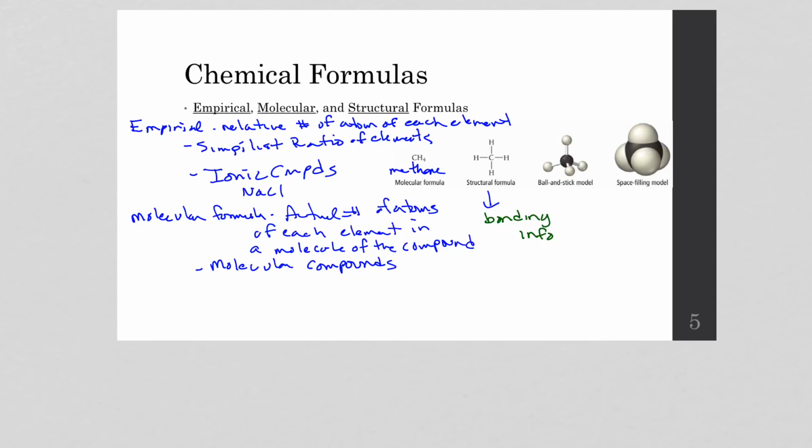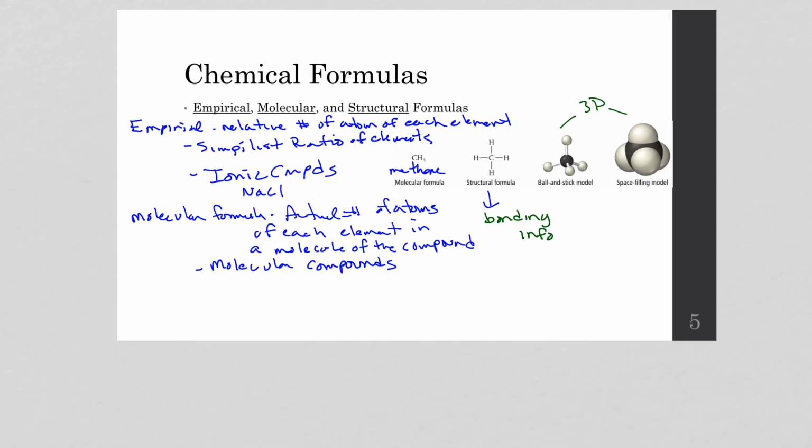It shows a general structural layout of how things are connected. Now, we can also get into more 3-dimensional structures, where we have what's called a ball and stick model, which shows a basic 3-dimensional layout. So we move from structural to ball and stick, going from a 2-dimensional representation to a more realistic 3-dimensional representation. And there are various kinds of this.